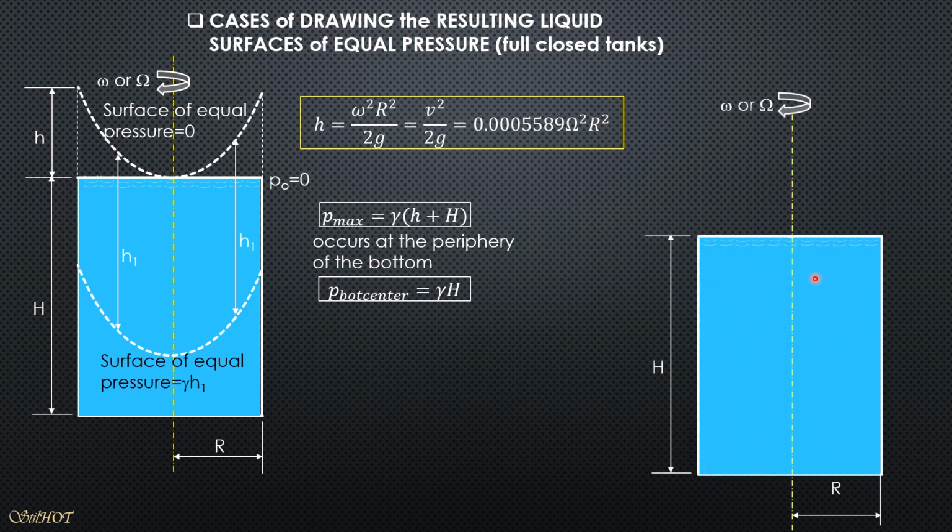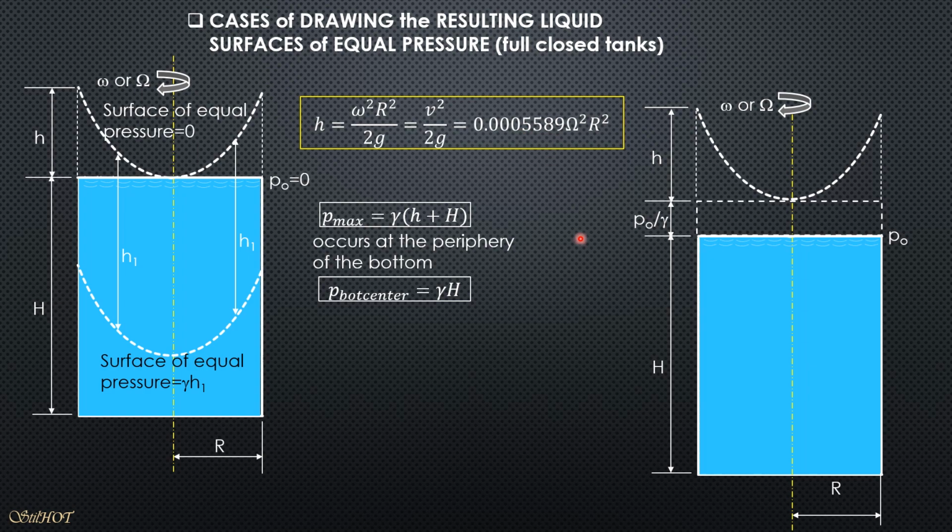For this situation where there is an initial pressure PO, we convert PO into pressure head first, as shown. This vertical distance is PO over gamma, and all points on this horizontal imaginary surface will have 0 pressure. When the tank is rotated, the vortex will be on this 0 pressure surface, and it will assume that parabolic surface of height small h, again given by this formula.